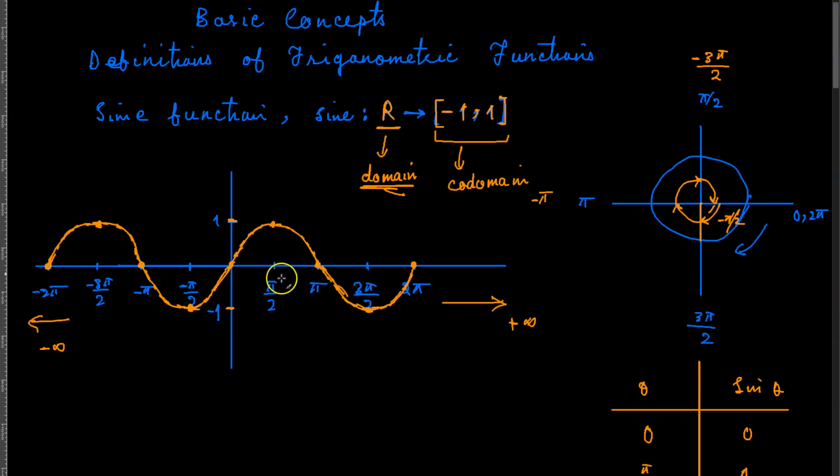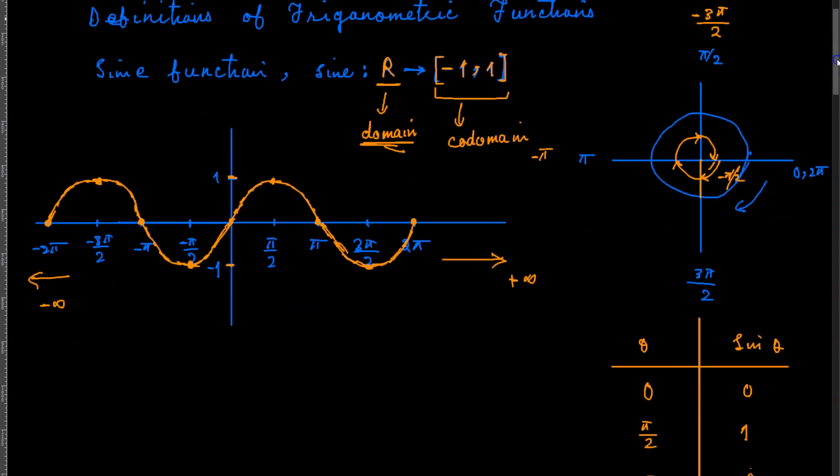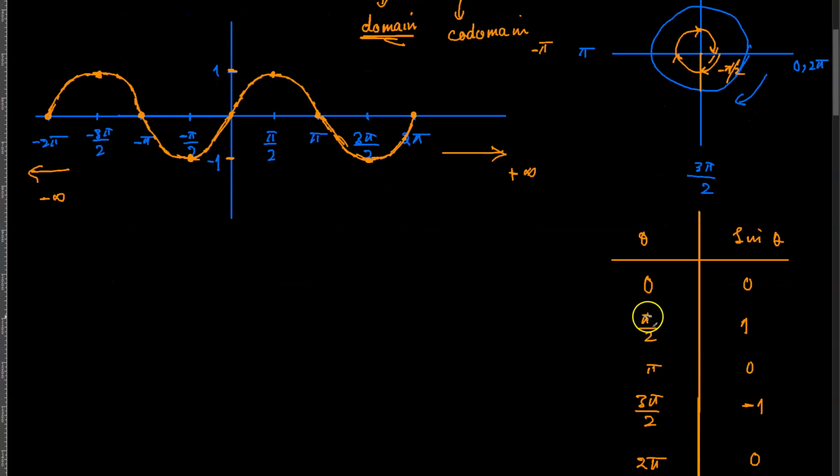Now the cos function. I didn't actually tell you why the sine of 0 is 0, and why the sine of pi by 2 is 1 and pi is 0, and so on. I suppose you already know those things, so I don't need to talk too much about this.